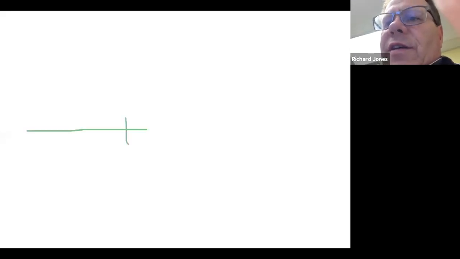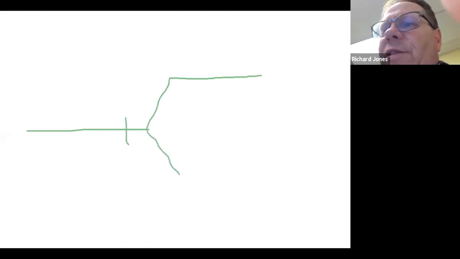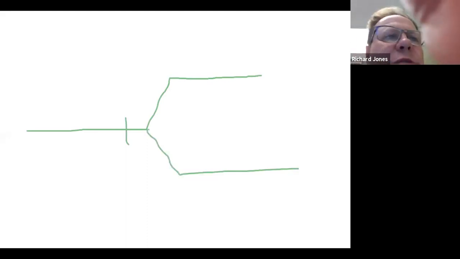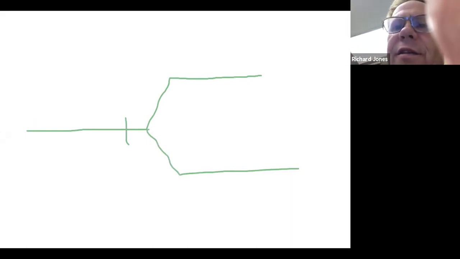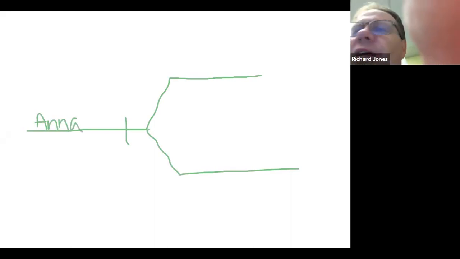All right, we're going to do number 12 now. In this one, we've got two verbs, and each of these verbs would be split like that. Anna is the subject. The two verbs are vacuumed and dusted.